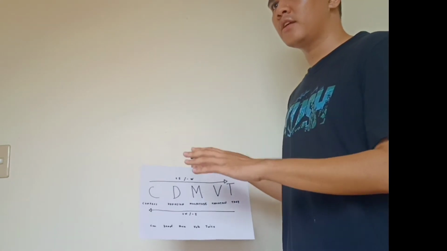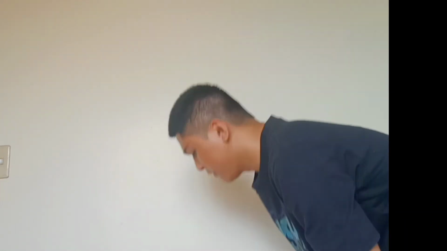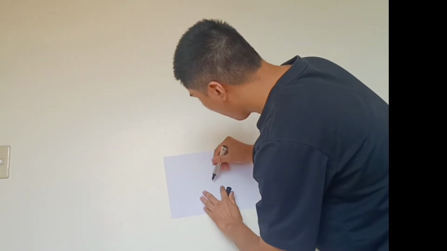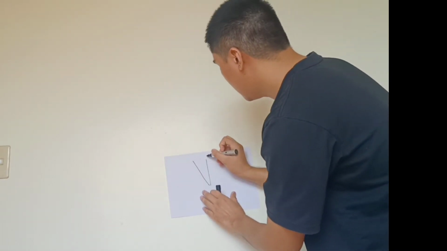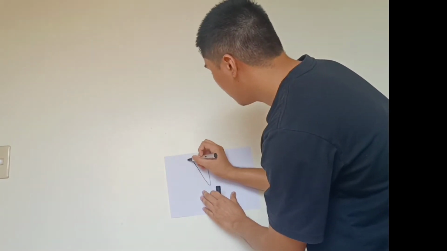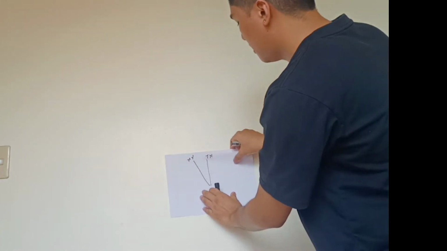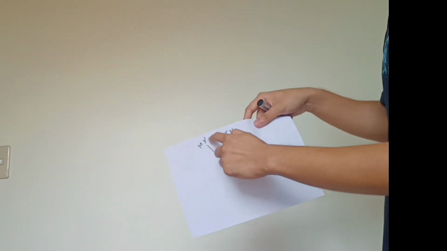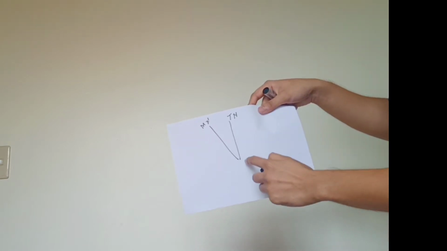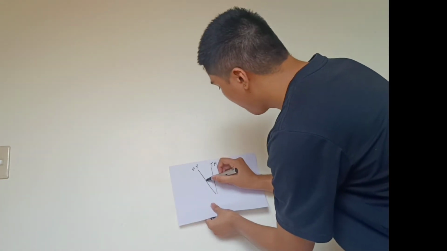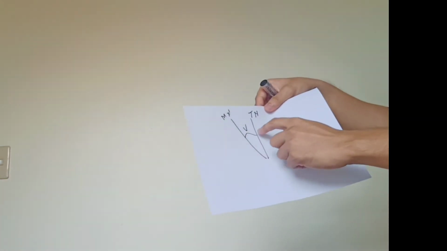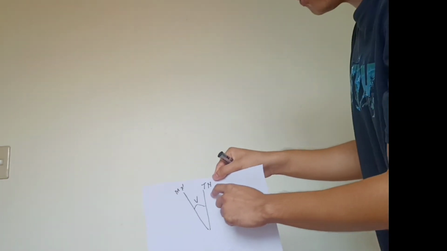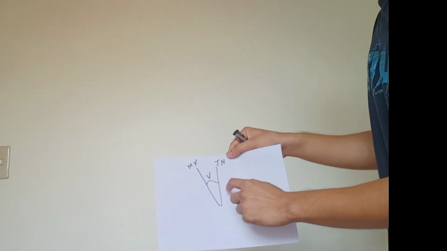If you graph that, for example, this is true north, this is the magnetic north. The distance between them is called variation. So you can see this V here is the variation.